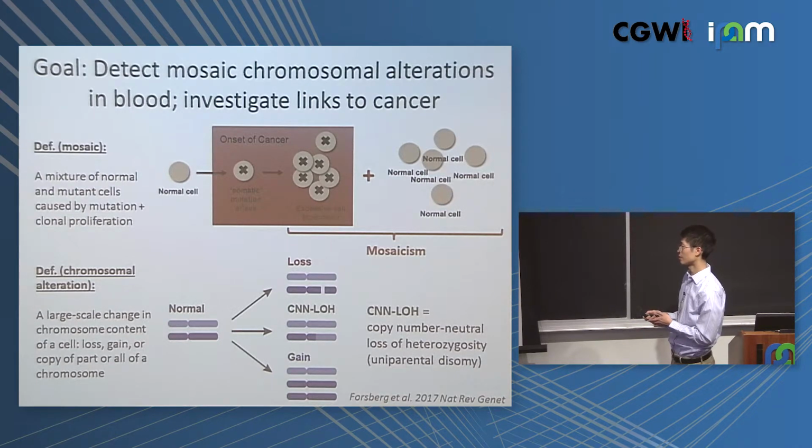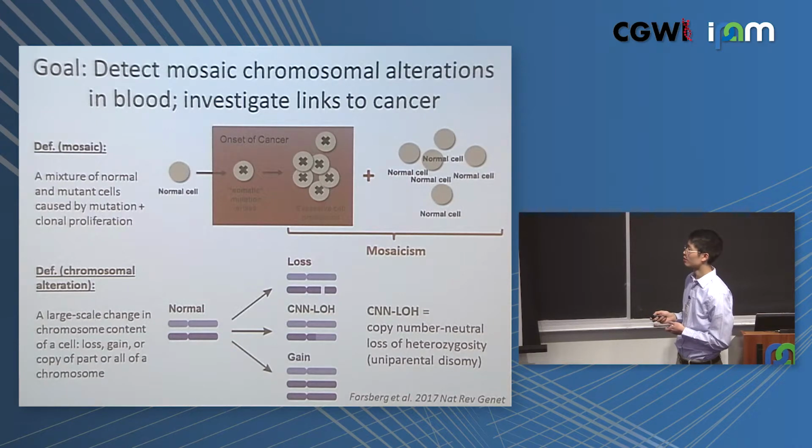Or you might actually wind up having this hard-to-pronounce term, a copy number neutral loss of heterozygosity, which basically means that a chunk of one chromosome, let's say the maternal chromosome, has replaced a chunk of the corresponding paternal chromosome. For the biologists in the audience, if there are any, that can happen through mitotic recombination. So there's a recombination that actually happens during mitosis.